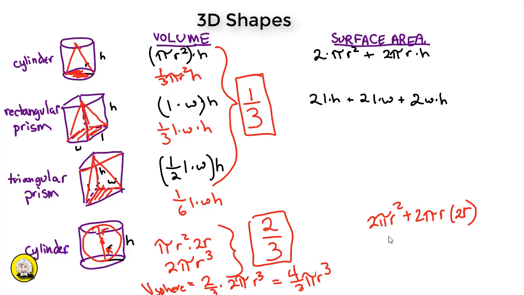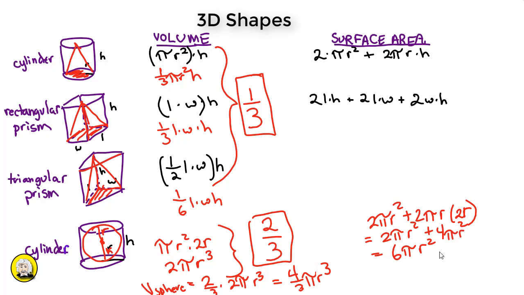So that in turn is 2 pi r squared plus 4 pi r squared, which just equals 6 pi r squared.